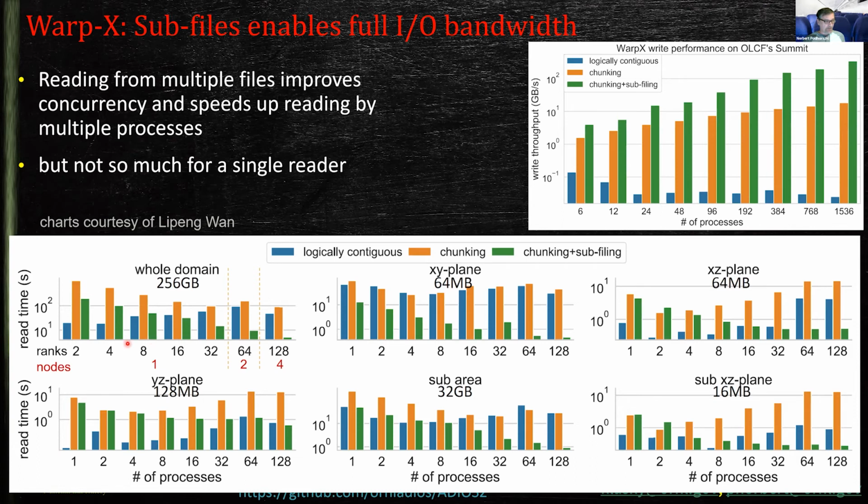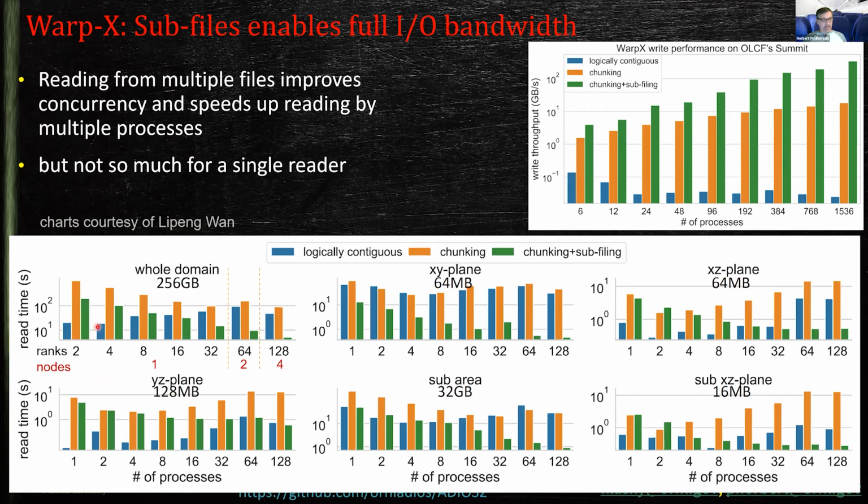But then unfortunately, if you read the wrong plane, it takes a long time to read in. So what we learned, interestingly, is that with multiple subfiles, the data spread in multiple files, if you start reading in parallel, it doesn't matter.